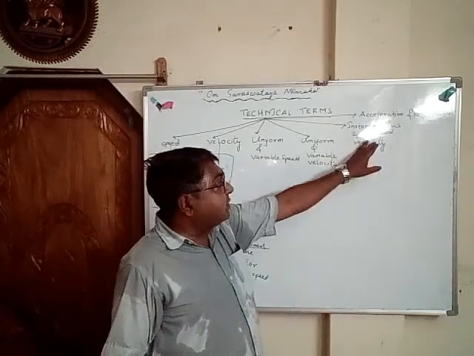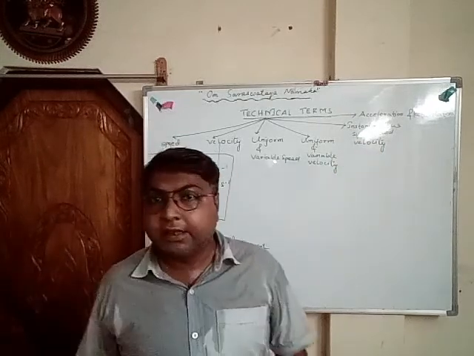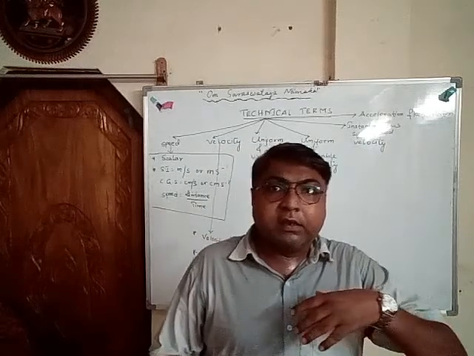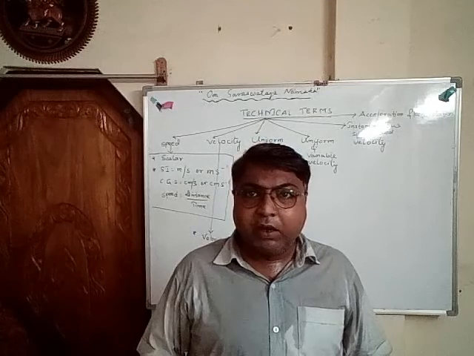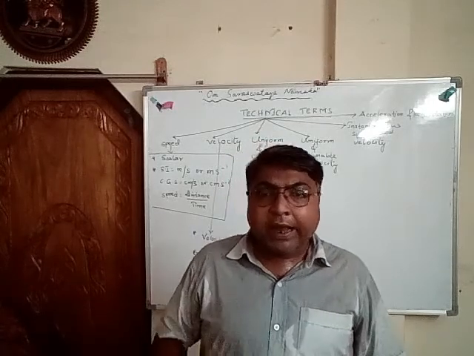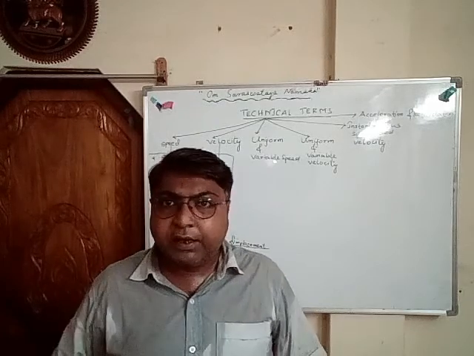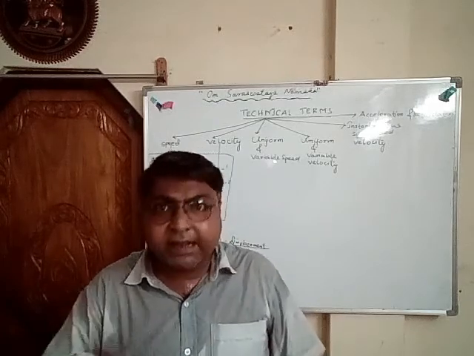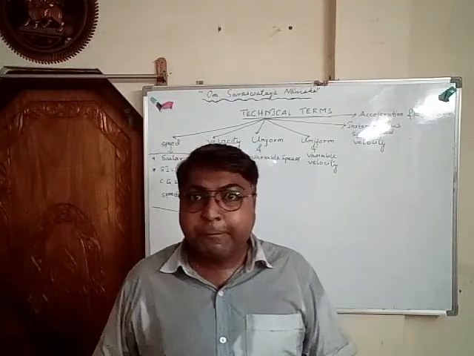Now come to instantaneous speed and instantaneous velocity. What is instantaneous speed? When the speed of a body changes at regular intervals of time and you want to calculate the speed all of a sudden, how will you find it? The word instantly means all of a sudden you wanted to find the speed.